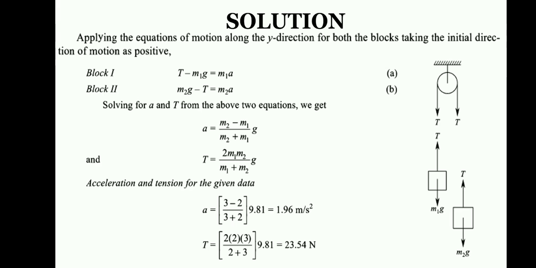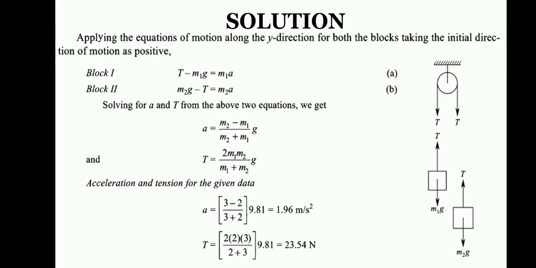For writing the forces, the force in the direction of motion of the body is taken as positive, and force opposite to the direction of motion is taken as negative. So consider the first body. In the case of the first body, there are two forces: tension in the upward direction, weight in the downward direction.